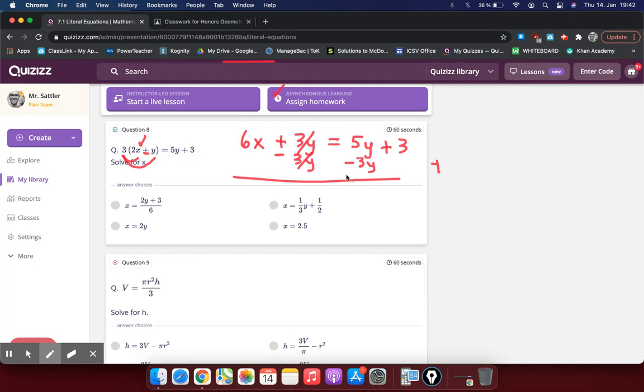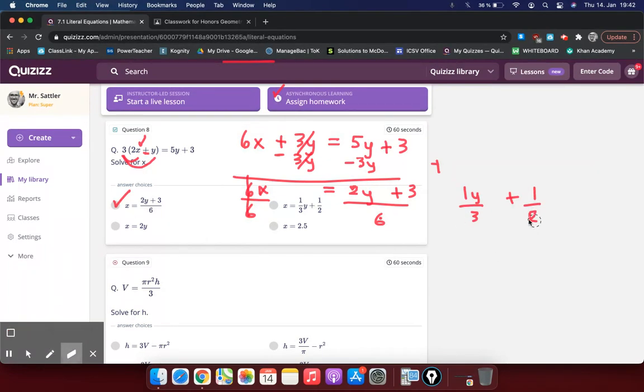Combine those like terms. So we have 6x equals 5y minus 3y is 2y. And I still have a 3 here, and then I'm going to divide by 6. So 2y plus 3 over 6 is equal to x. That's this option. And then again, we can write this in slope-intercept form. 2 divided by 6 is 1/3, and 3 over 6 is 1/2.